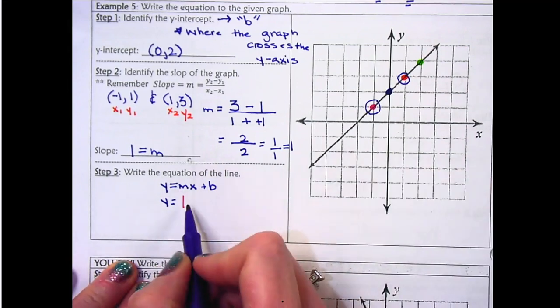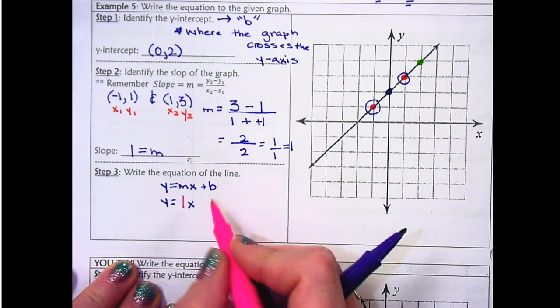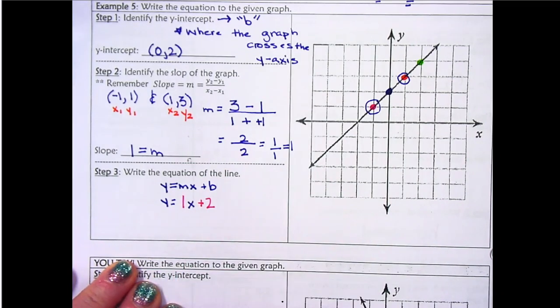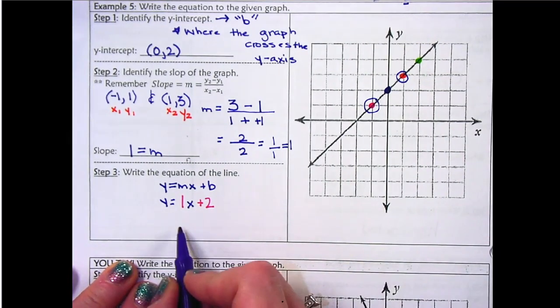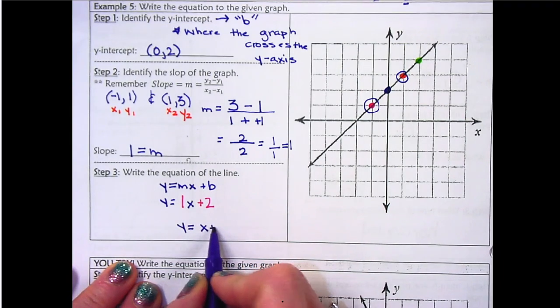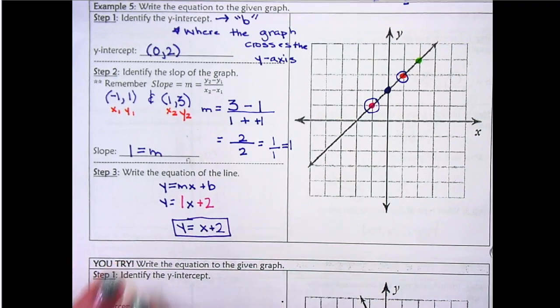And I'm going to substitute b to be what I found my y-intercept to be, which is positive 2. Because the slope here is 1, I can go ahead and make that invisible, because coefficients of 1 can be invisible. And it turns out the equation of this particular line is y equals x plus 2.